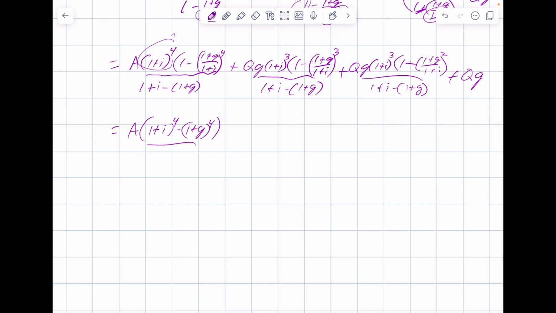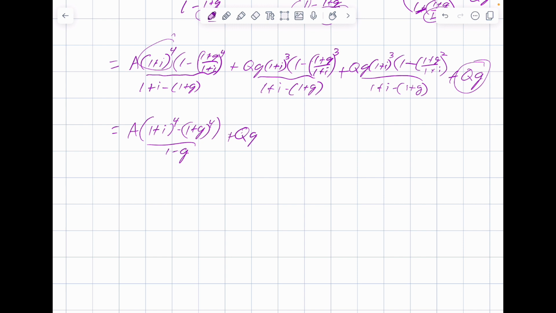The ones cancel out of the bottom here, so the denominator just becomes 1 plus I, 1 minus g. Let's move this qg term up to the front here, and we'll multiply 1 plus I minus 1 plus g, both top and bottom, to fit the pattern a little bit more.